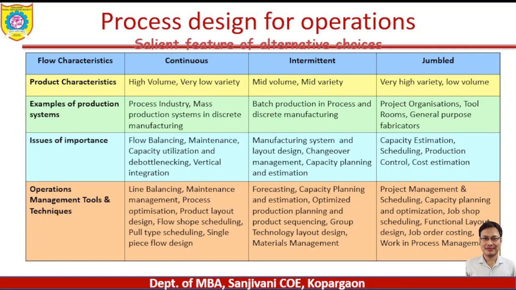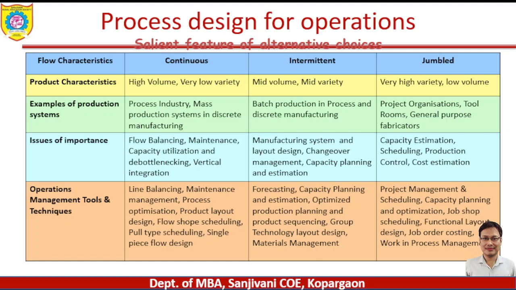The kind of operations management tools and techniques used in intermittent flow requires very accurate forecasting of the demand in order to calculate, as accurately as possible, the capacity to be manufactured. So capacity planning estimation is very crucial.